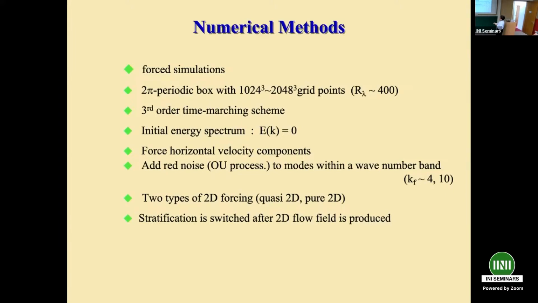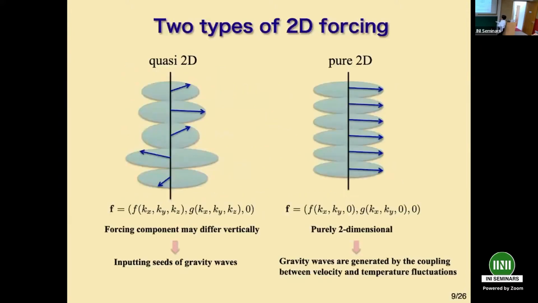So we used two types of forcing. One is quasi-linear, quasi-2D, and the other one is pure 2D. I will explain this from now. Stratification is switched on after the 2D flow field is produced. So, two types of 2D forcing.